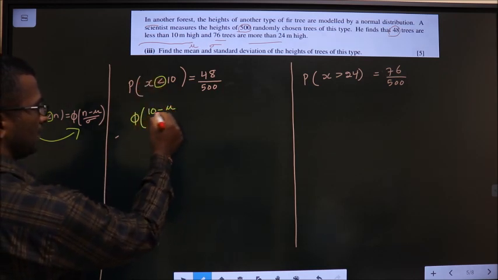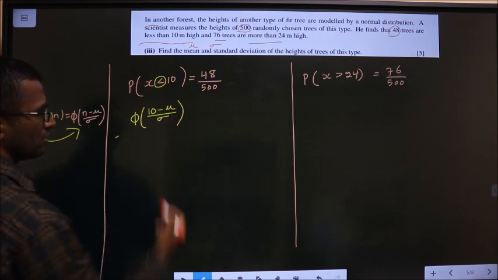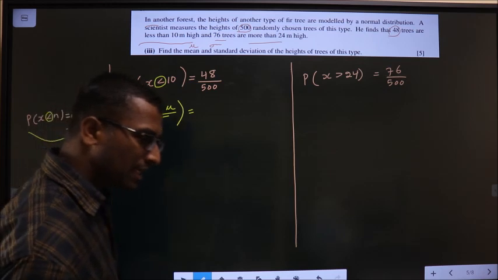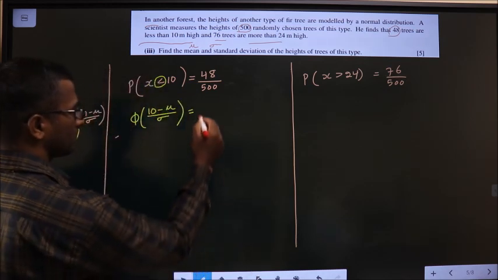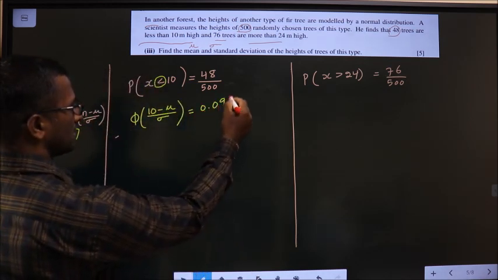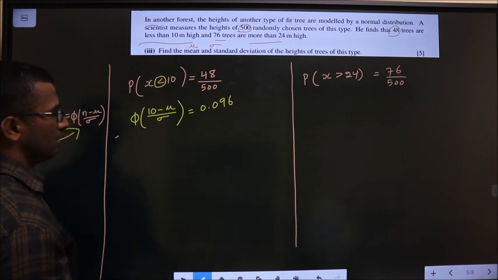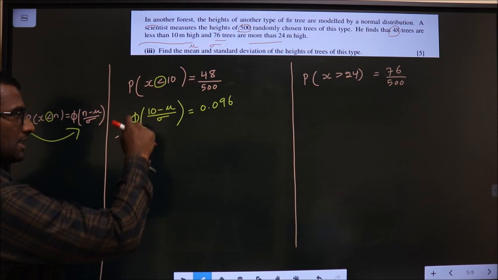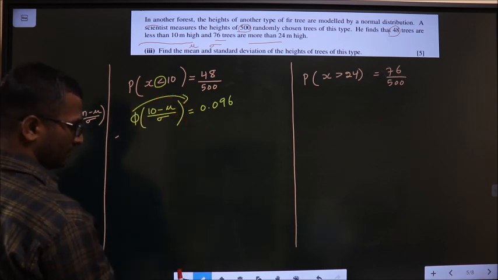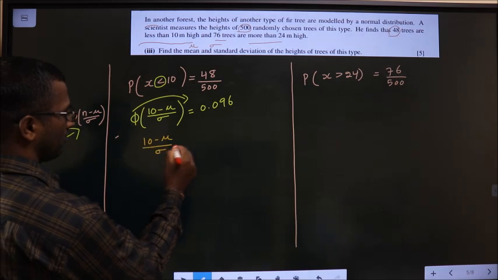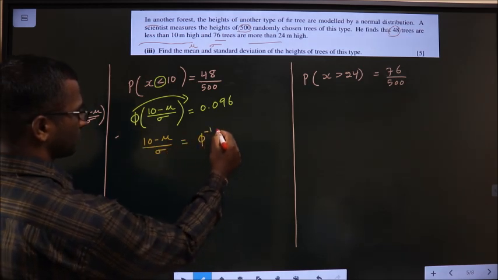10 minus mean, we don't know, standard deviation also not given, equal to 48 by 500, which is 0.096. Now to simplify it further, shift phi to the other side, so it will become phi inverse.